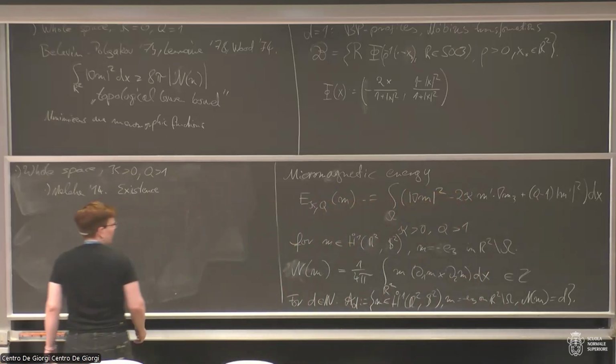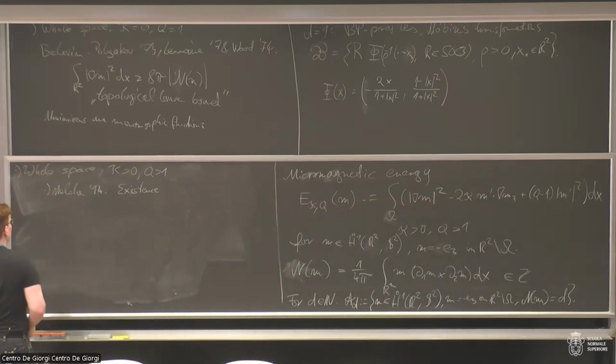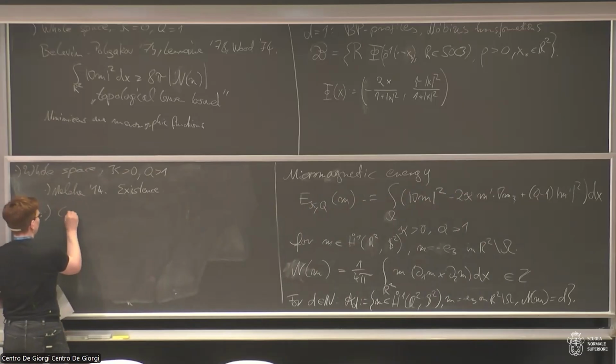So you can ask yourself, well, what happens if Dirichlet energy dominates? That's called the conformal limit.